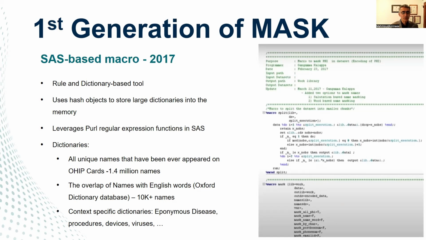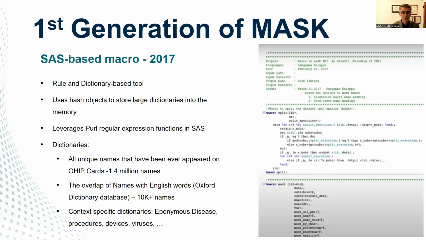So we also included context-specific dictionaries such as eponymous disease and virus names named after individuals, and devices named after individuals. So this all together is used as a tool to currently identify text at ICS, though I'll tell you the issues and limitations.